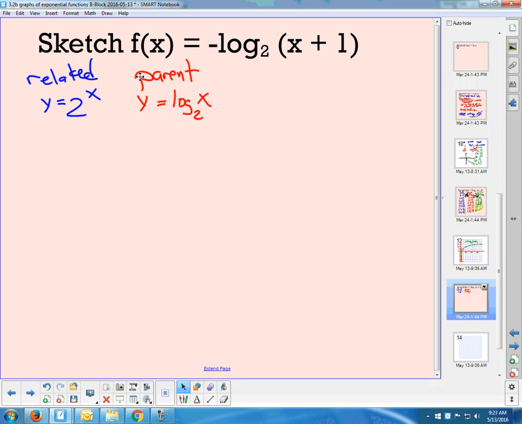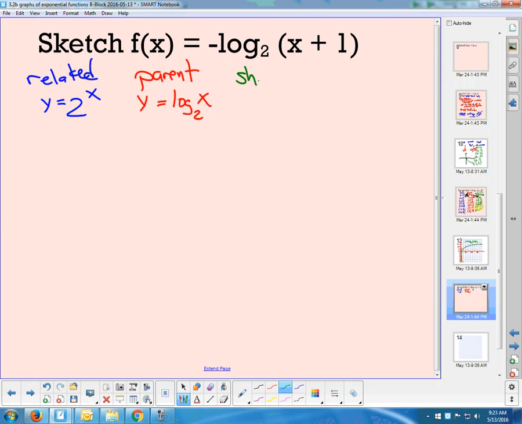Now, in this particular case, we have two transformations to address. We have to address the negative out in front and the plus 1. The negative out in front is going to cause a reflection over the x-axis, and the plus 1 is going to give us a shift to the left 1 unit. We should apply these transformations in the order in which they occur according to order of operations. The plus 1 is in the parentheses with the x, so it would occur first.